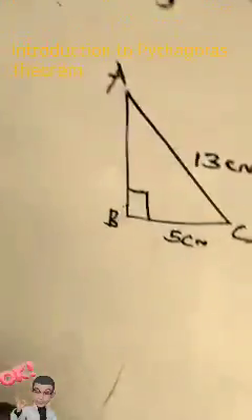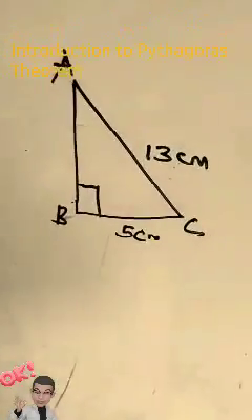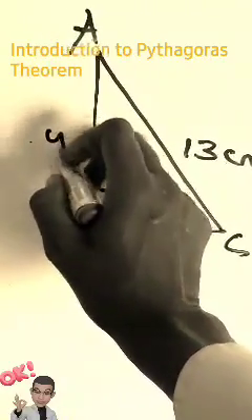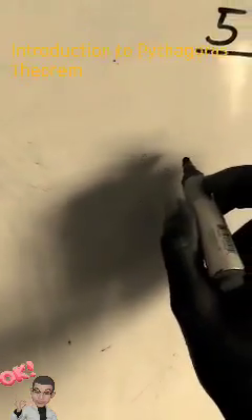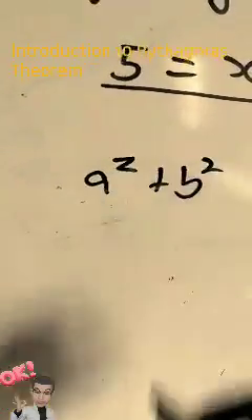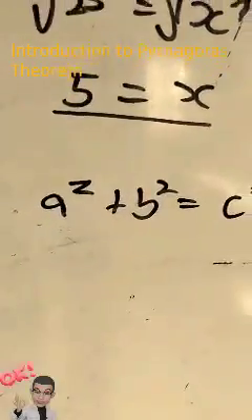In another scenario, we will be given a question where two of the sides are given again, but this time you are asked to find one of the adjacent sides. Going by the Pythagoras theorem, we know that the sum of the squares of the adjacent sides gives us the square of the hypotenuse.